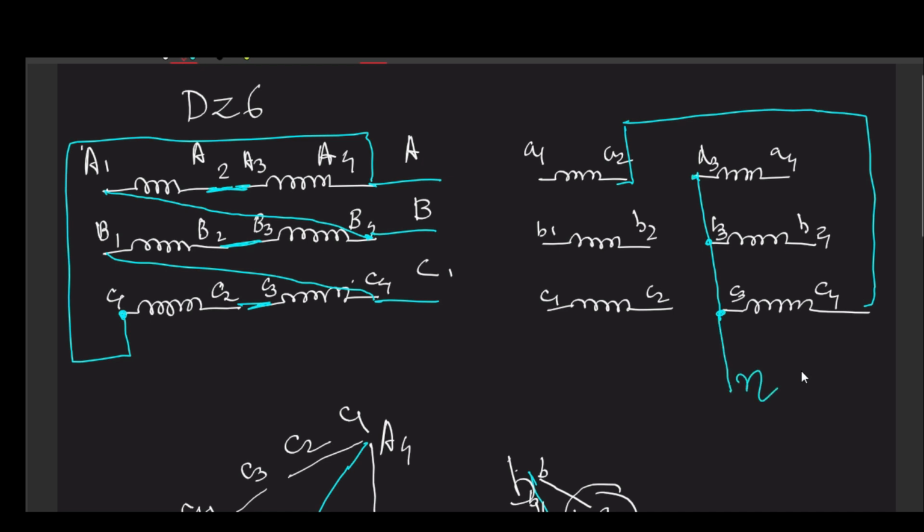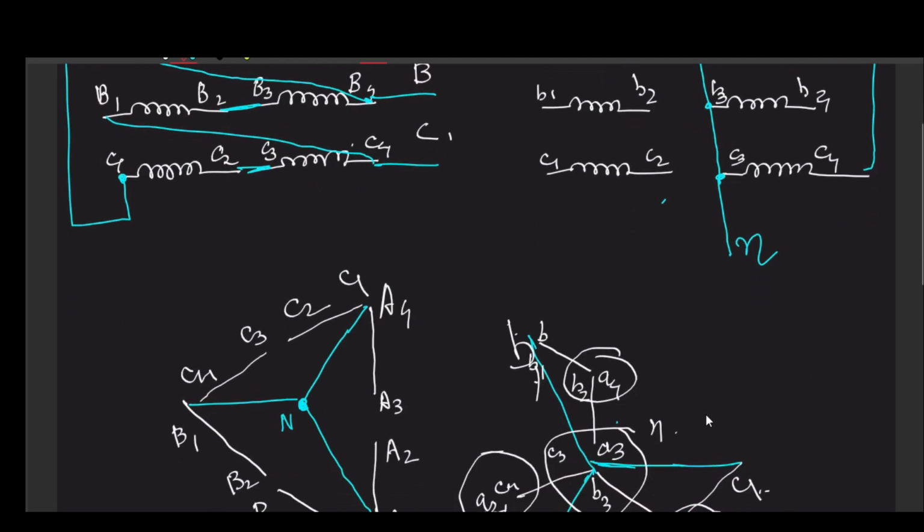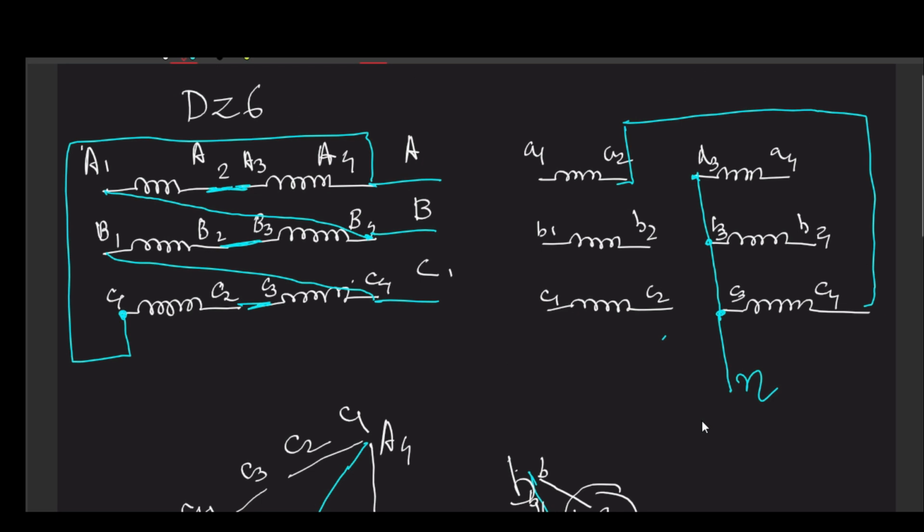Now A1, A2 with C4, then B2 with A4, and then obviously B4 with C2. So these are the terminals.